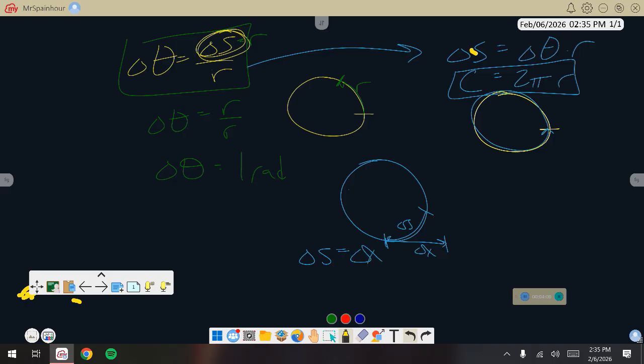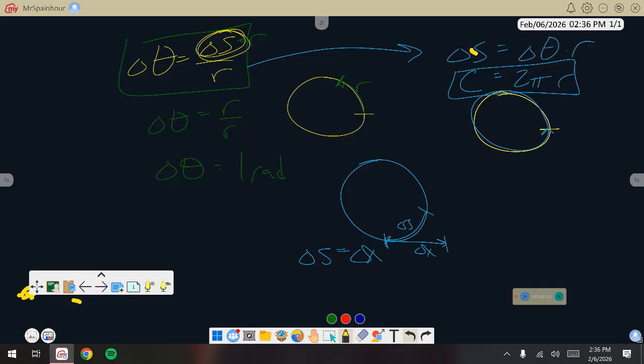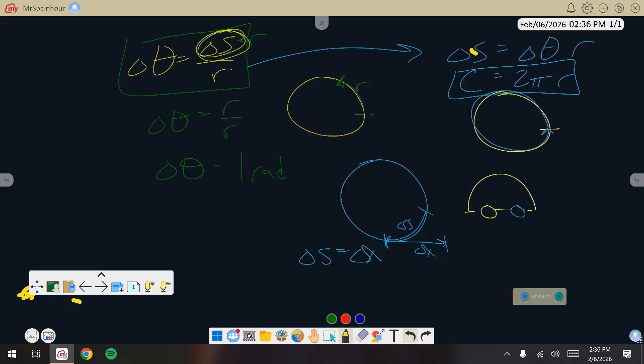Now, let's give some examples where they would not be equal, because usually they will be for our purposes. Delta S or arc length will be equal to delta X for most cases. Let's draw another picture, a zoomed out picture. Here's my car. This guy is this wheel right here.